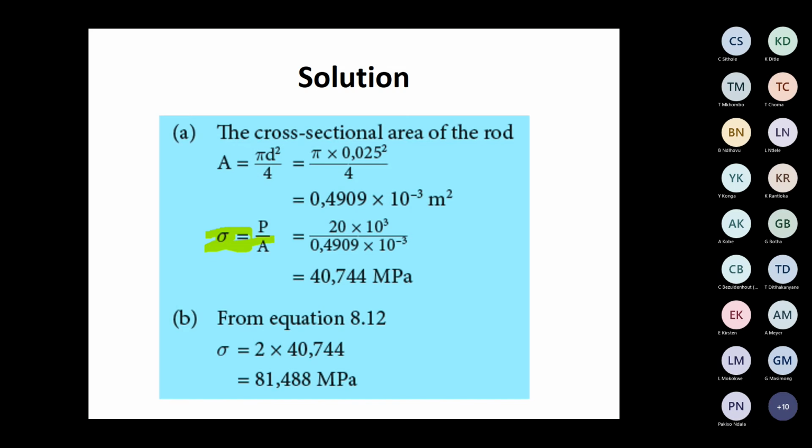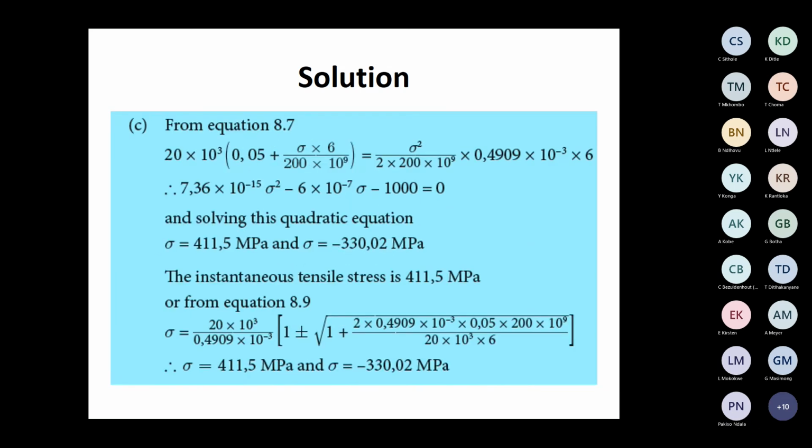For the second one, I can only say that stress multiplied by 2, and I get my answer for the suddenly applied load. When you come to the impact load, use that formula. You get 2 answers, and then you make a decision which one is the right one. But if you use only the other one, you automatically will see which one is the right one. We are also doing some problems.